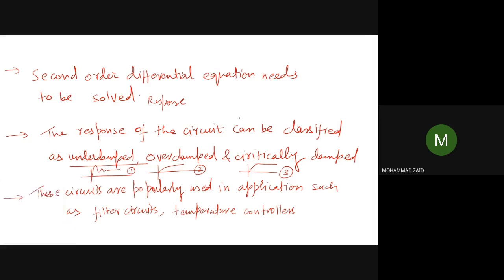Let me change the color. So response can be underdamped, or it can be overdamped, or it can be critically damped. Usually underdamped and critically damped responses are preferred because they reach the steady state in a short period of time.